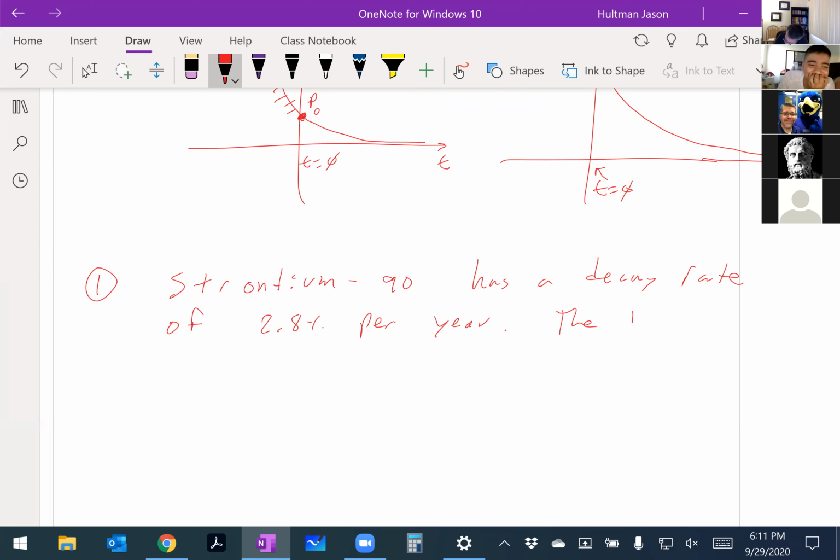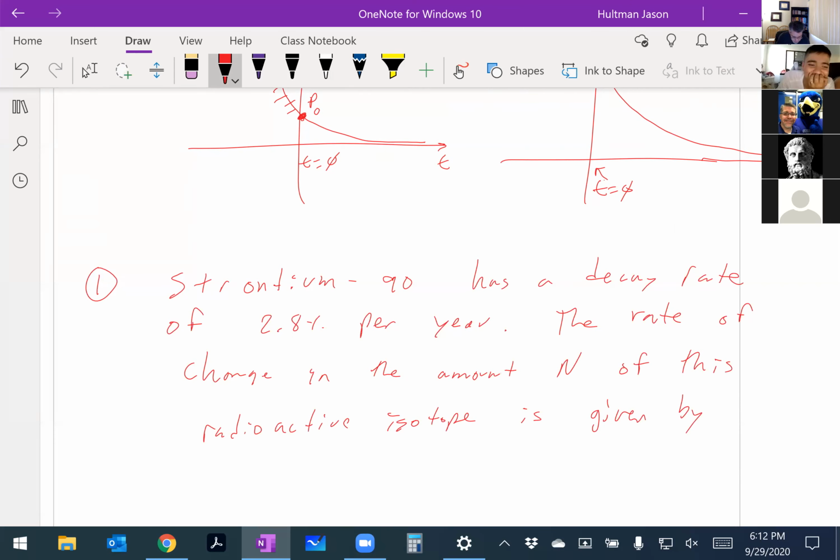The rate of change in the amount N of this radioactive isotope is given by dN/dt equals negative 0.028 N. So what does this mean?